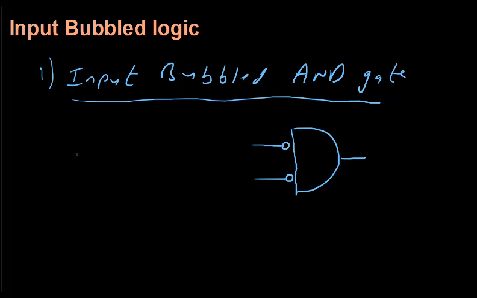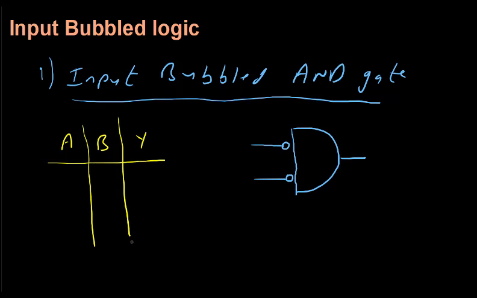Now how will it work? We have two inputs, so we have 4 combinations, A, B and the output. Let us see what output we'll get for the input bubbled AND gate. So input is 0 0, 0 1, 1 0, 1 1.